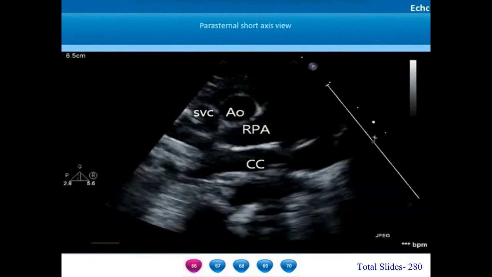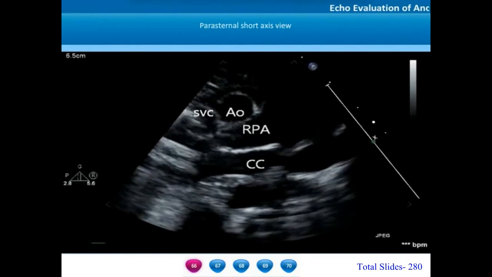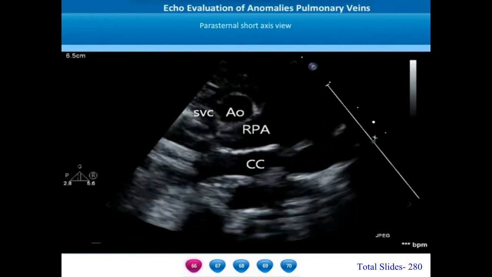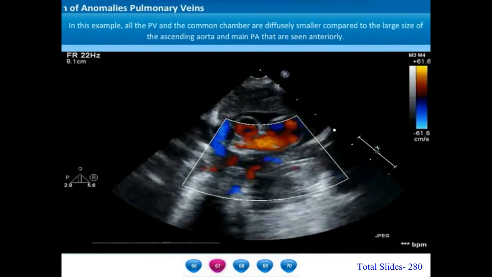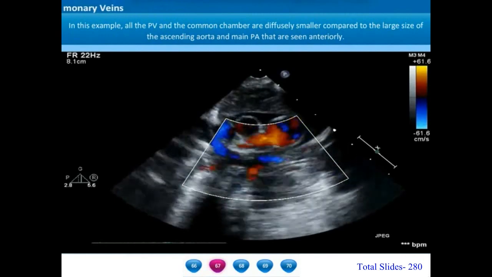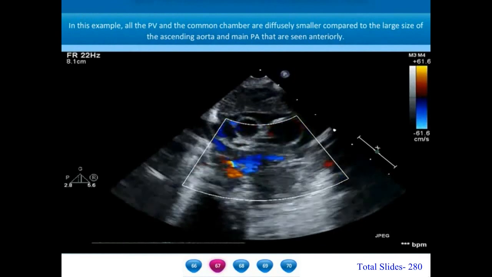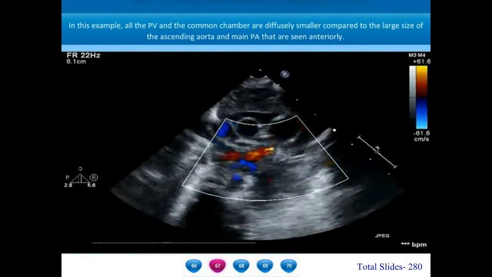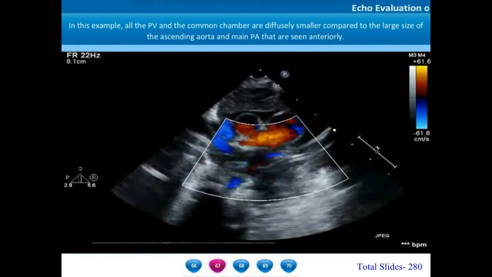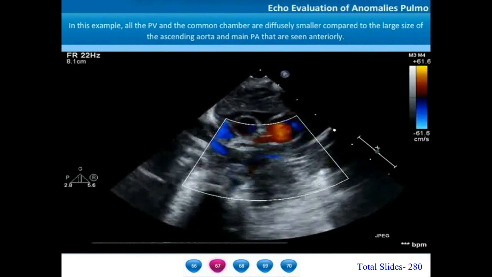The confluence of the pulmonary vein is nicely shown. Anatomically, we can see the right upper, the right lower and the left lower pulmonary vein entering into the confluence. If we carefully look at the pulmonary veins individually and the common chamber, we find in this instance that all the individual pulmonary veins and the common chamber are looking much smaller.